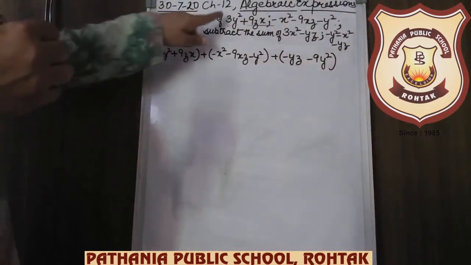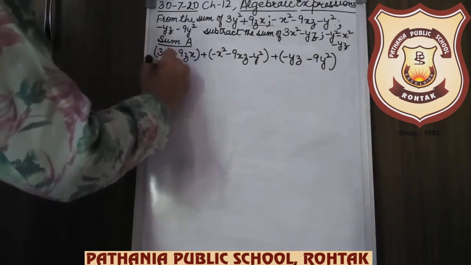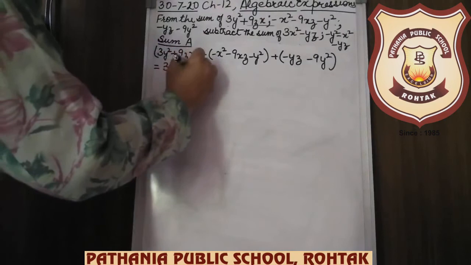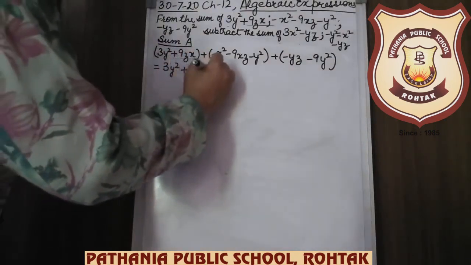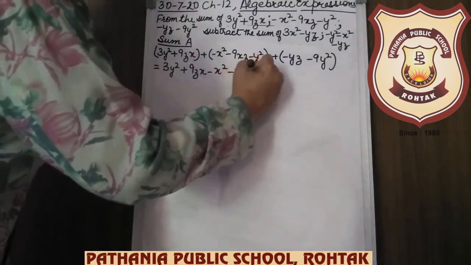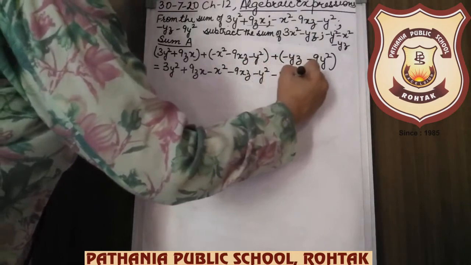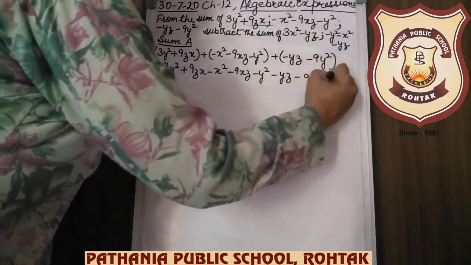So this is your sum A. Open the brackets. 3y square plus 9zx minus x square minus 9xz minus y square minus yz minus 9y square.